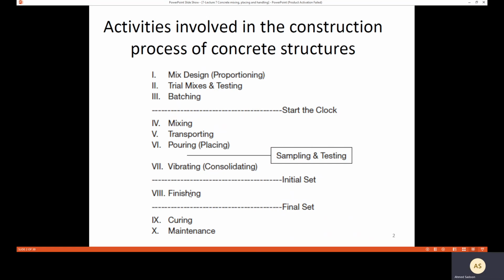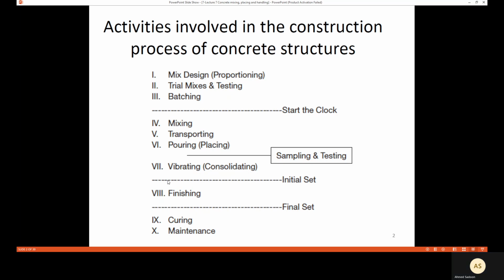So the finishing process should be done before the final set, and these other processes should be done before the initial set. The initial set of the concrete is going to be between 1 to 3 hours, and the final set could be between maybe 10 to 16 hours.